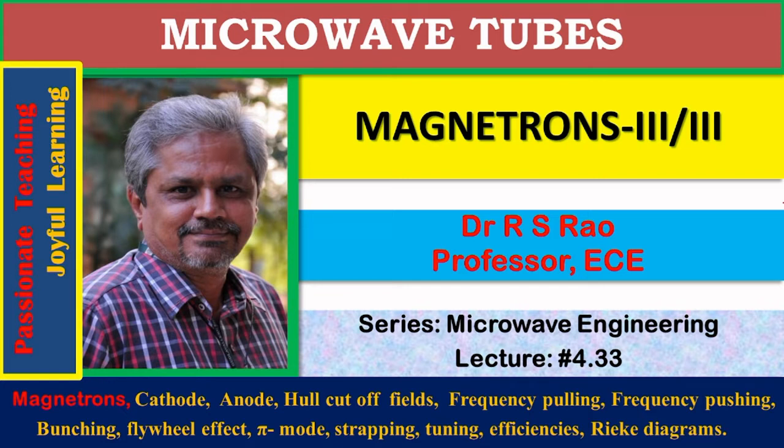In the present session, the focus is on the bunching process, which is the key factor in the generation of signal by the magnetron oscillator. In addition to bunching, the focus is also on the tuning mechanism that is there in magnetrons, and also on efficiencies and operating characteristics of the devices, magnetrons.